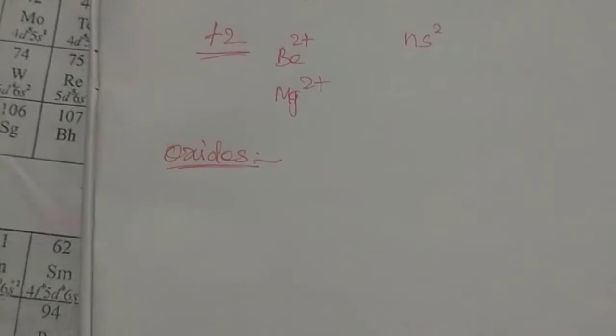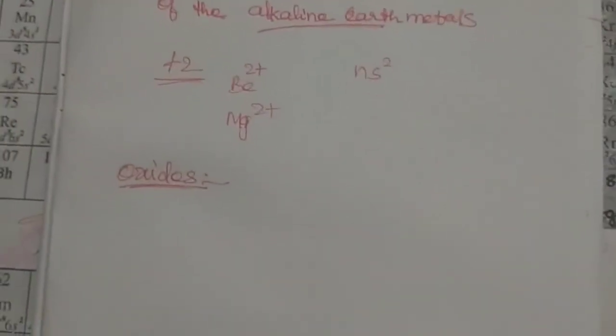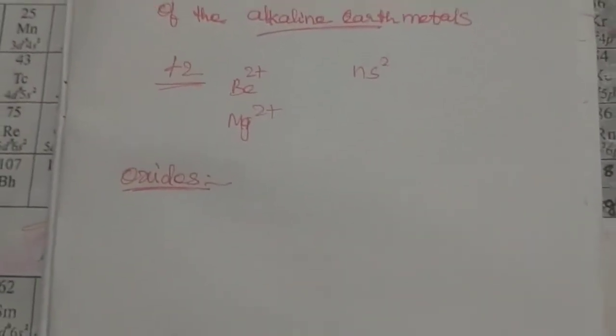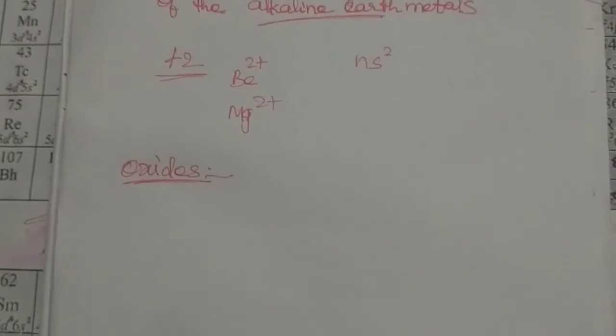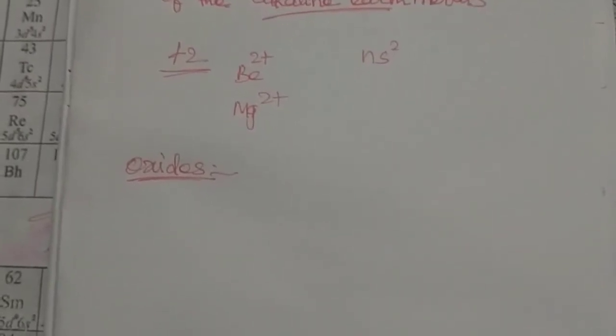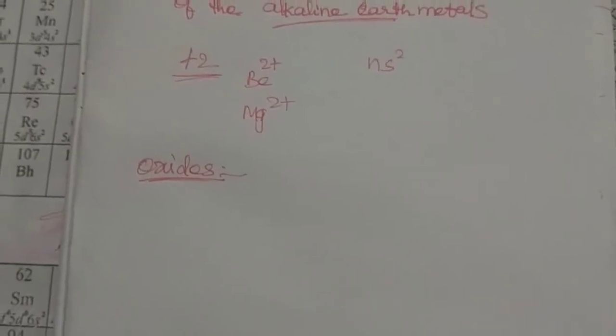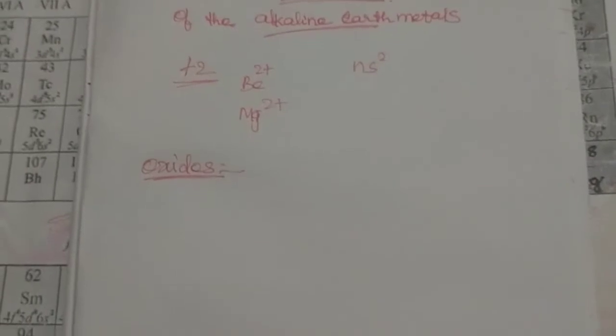Oxides. Generally, oxides of alkaline earth metals are prepared by treating the alkaline earth metal with oxygen, and because of the addition of oxygen to the metals, they form oxides and peroxides.